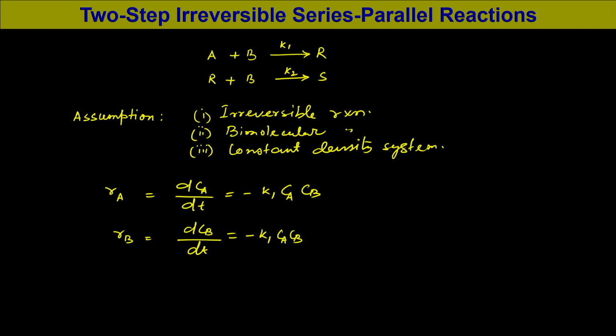Again B is reacting with R forming S, so here it would be minus K2 C_R C_B.